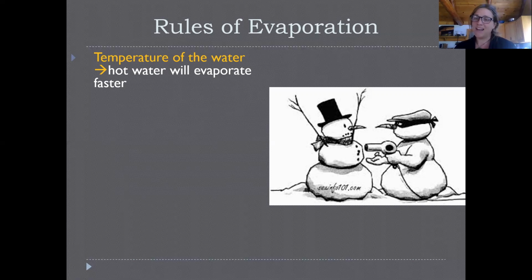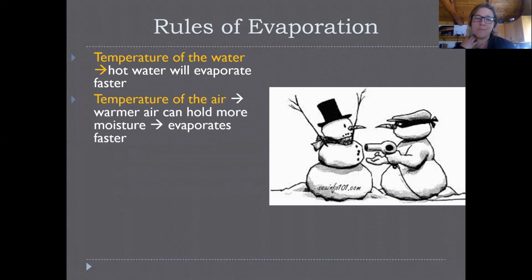So that's why we can get evaporation even if we take the temperature of the water and it's not at the boiling point of 212 degrees Fahrenheit or 100 degrees Celsius, which is the temperature that on average we would expect water to evaporate at.